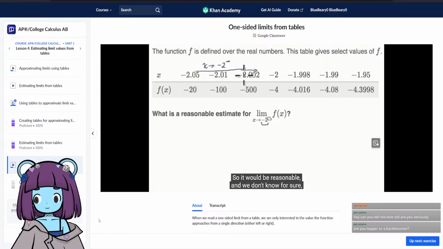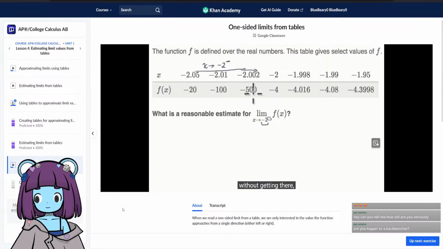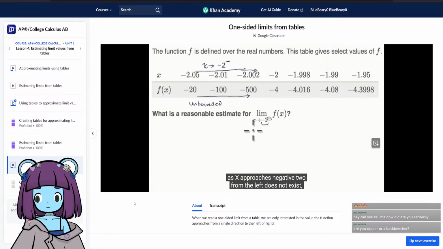Goes to -5, so it would be reasonable. Okay, infinite. Okay, that's what I thought maybe, because it just increased so much. It was unbounded. Okay, that's a new word. Say the limit doesn't exist?